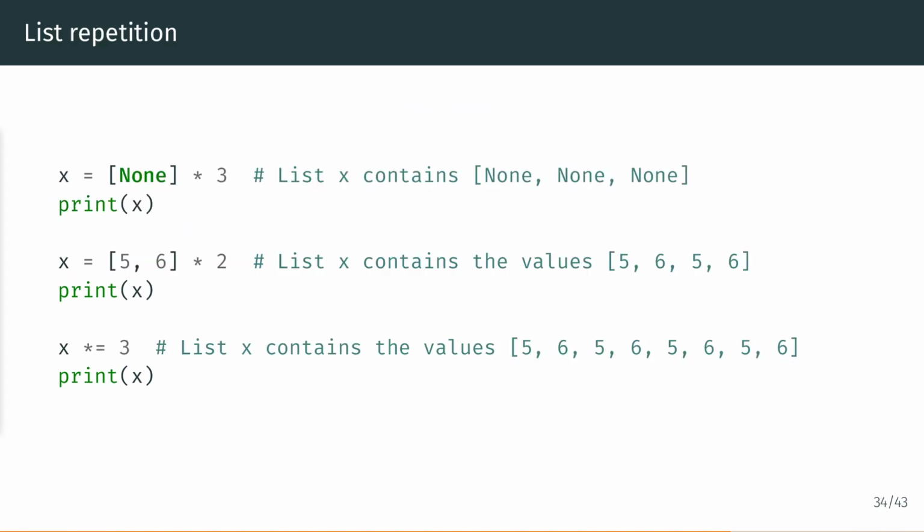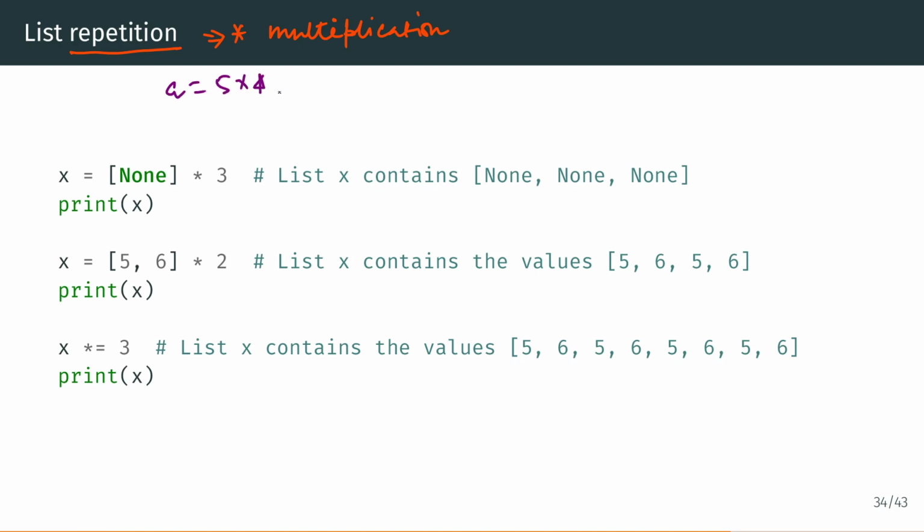The second operator that we'll talk about in this lecture is list repetition. That is done using the star operator. It's essentially done using multiplication. Repetition is equivalent to multiplication. In what way is it equivalent to multiplication? Think of it this way. Let's say you have the expression a equals 5 times 4.